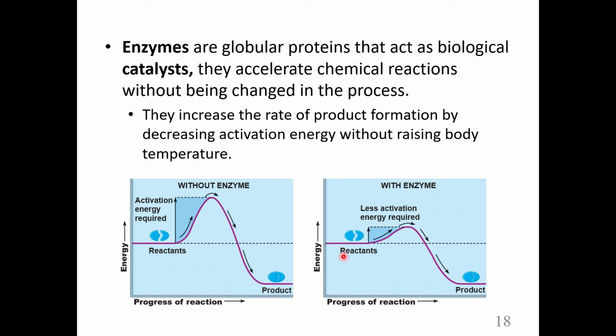With an enzyme, the activation energy is significantly decreased, and it takes less energy to join our reactants into our products. Enzymes are beneficial to our body's homeostasis because they increase the rate of reactions within our body without increasing the temperature. Remember, we must remain at a constant body temperature of 98.6.